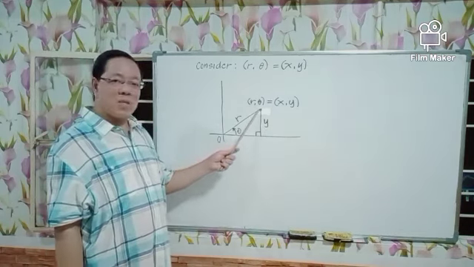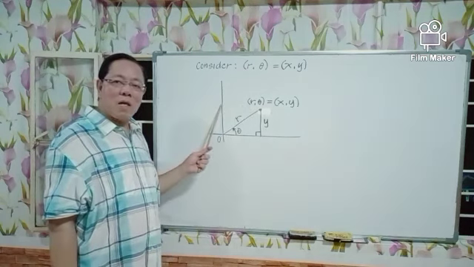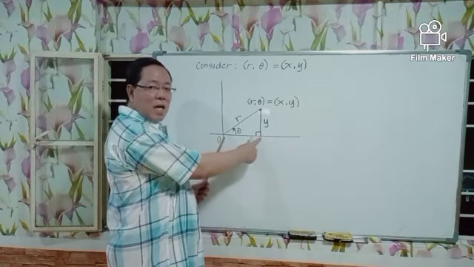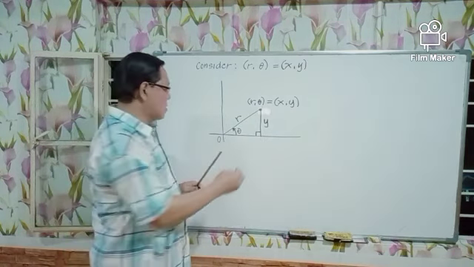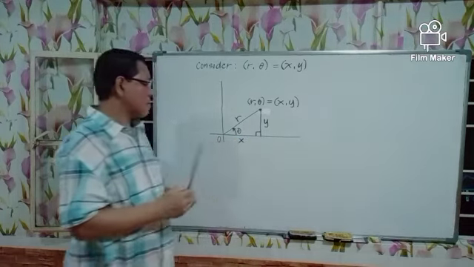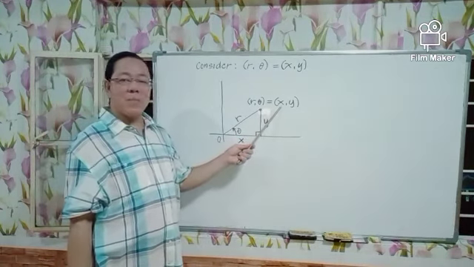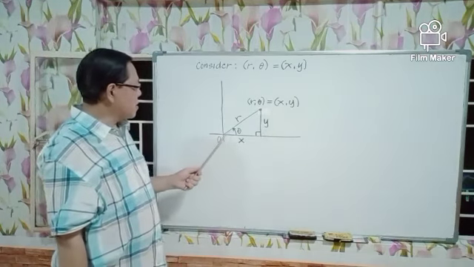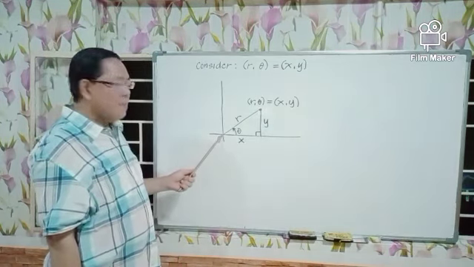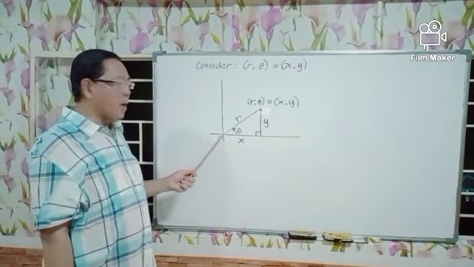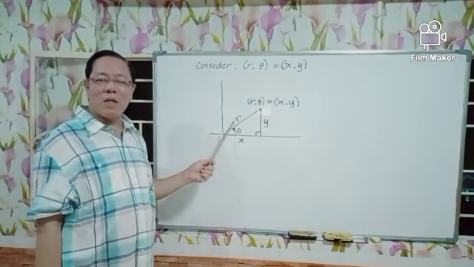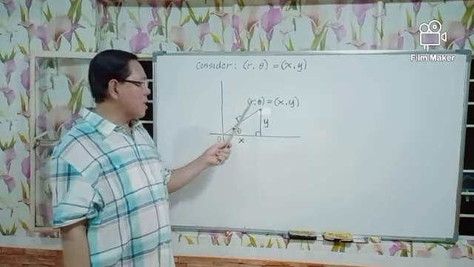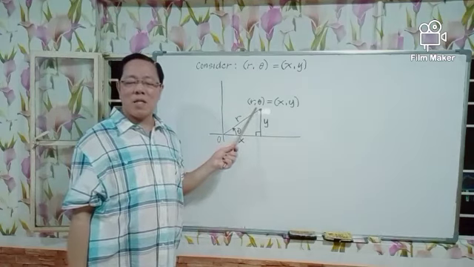And the distance of this point from the vertical axis or y-axis, which is equal to this leg of the right triangle, is x units. And the distance of this same point from the origin, denoted by r, is known as the radius vector, and is also known as the radial coordinate of this point with polar coordinates r, theta.